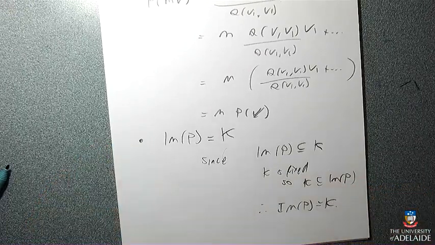Cool. Sweet. Which means that the kernel would have to be outside K, because nothing in K produces 0 except the 0 vector, because they're all fixed. So the kernel has to be outside K.